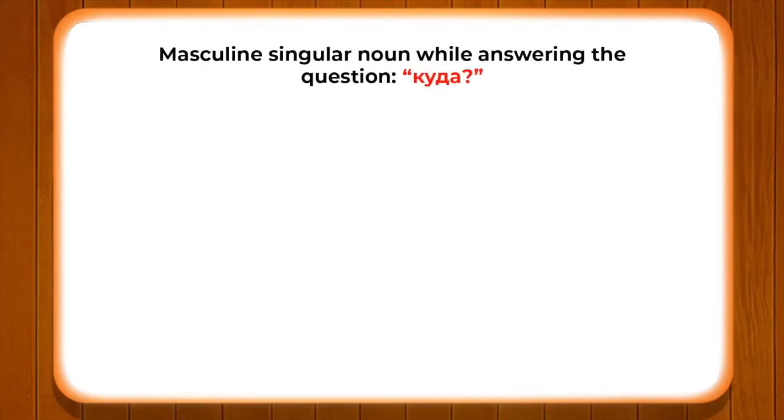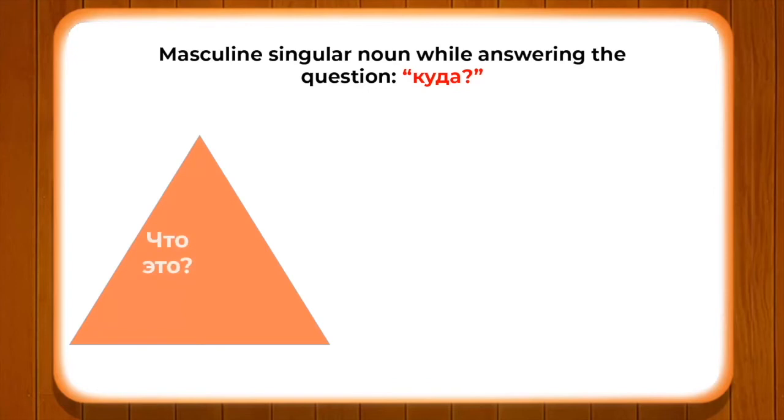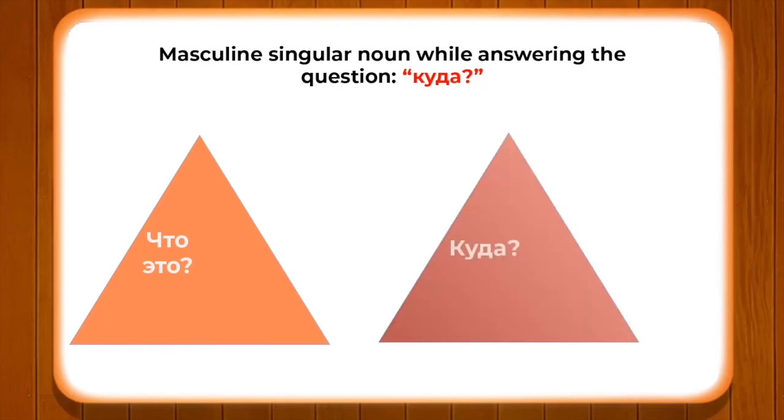Now we will pay attention to some expressions where we are going to use the question куда, which means where to. In the nominative case, we touched upon simple sentences which we ask with the help of что это, what is this. Here we are going to ask the question first with что это, and then ask the same question in the form of куда.